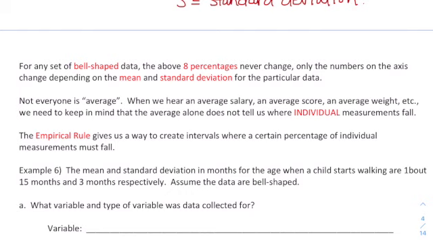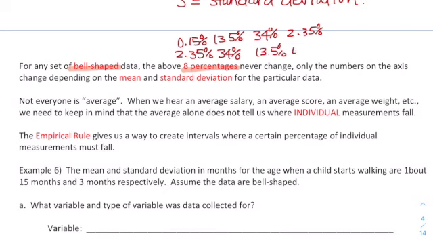For any set of bell-shaped data, the percentages are 0.15%, 2.35%, 13.5%, and 34%, and on the other side 34%, 13.5%, 2.35%, and 0.15%.